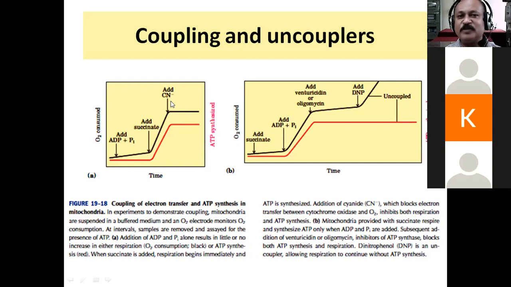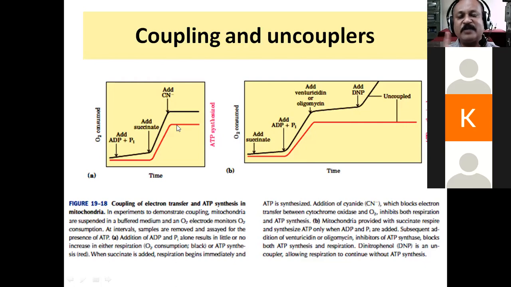Then your observation will be that oxygen consumption also stops. Can you see this line coming back to the normal flat level? Oxygen consumption has stopped, and at the same time, ATP synthesis also has stopped.